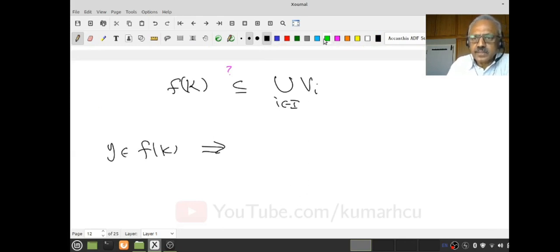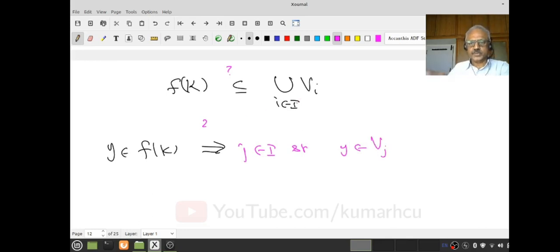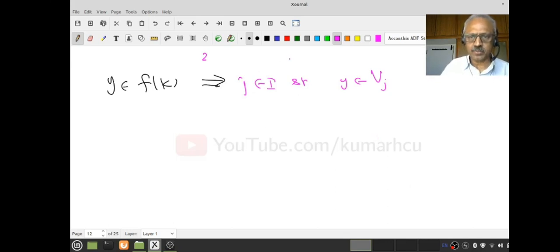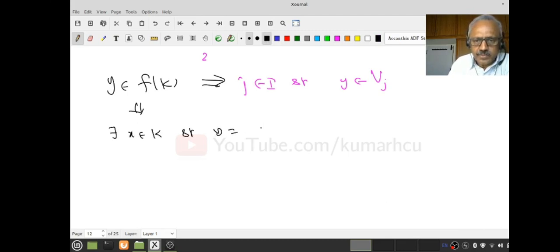I have to check whether there is a j in I so that y belongs to V_j, because it has to be in the union on the right side. Keep all these things in mind. I'm going very slow, right? Now y belongs to f(K). What does it mean? There is an x in K so that y equals f(x).